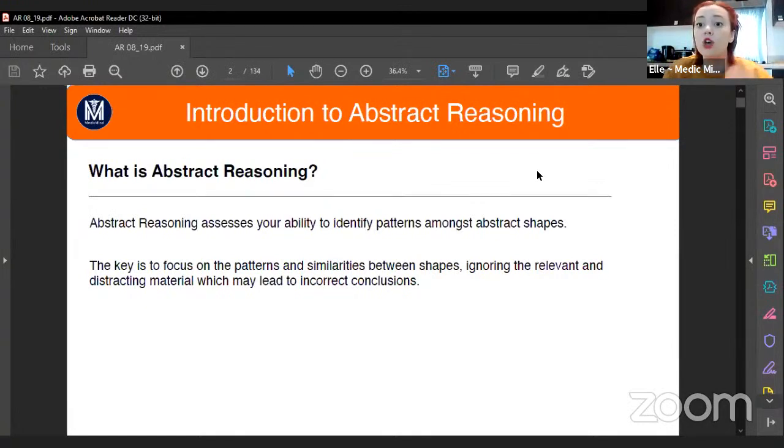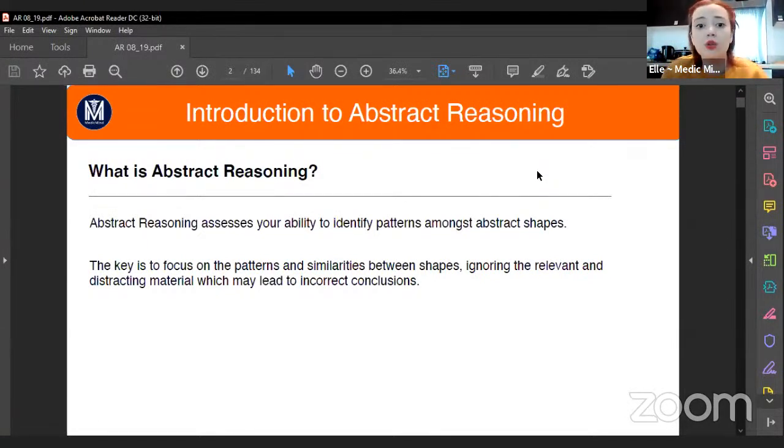But the key here is that a good candidate will be able to look at these shapes and find patterns between the shapes, looking for similarities, but then also an exceptional candidate will be able to avoid any distracting information that they're given. It might be that there's certain things within those patterns that are there to distract you, and the really good candidates will be able to say, no, I'm convinced that that's not part of the pattern, and focus on what's important.